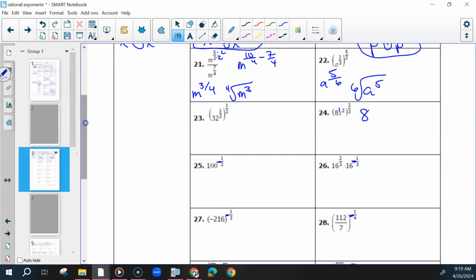So that would be 8 to the 2/3 and x to the... let's see, what would that new fraction be?